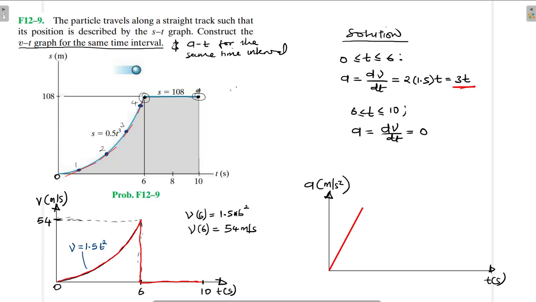Something like that. Because at 0 it is 0, at 2 it is going to be 6, at 3 it is 9, and so on and so forth. Okay, so we have something like this.